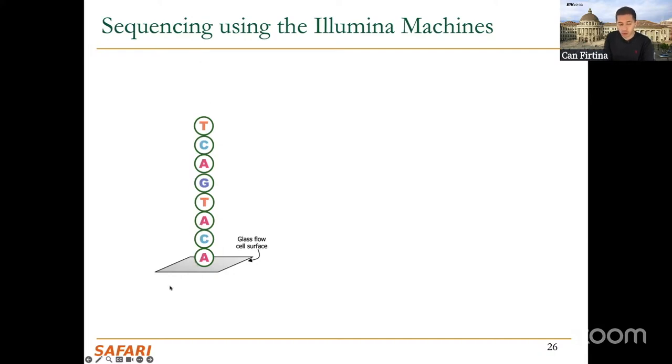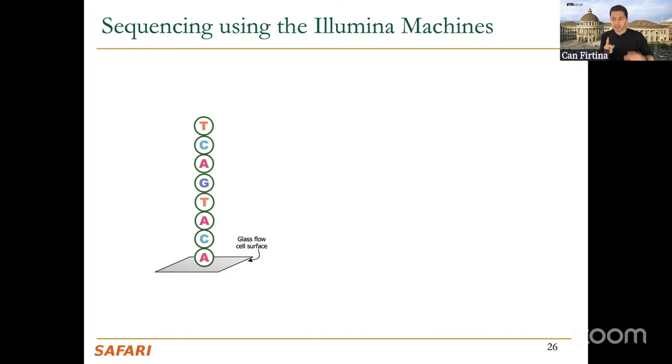The attachment is usually ensured during the library preparation process, such that we attach certain nucleotides on purpose so that they bind to certain regions on this cell surface, because we will have the complementary part of, for example, the initial regions of this DNA. We already prepare them, and we know what they look like.